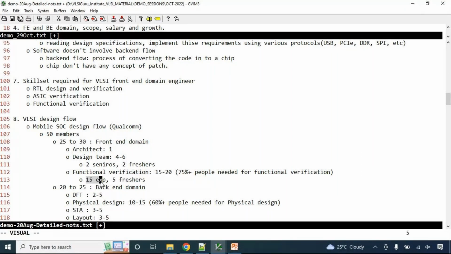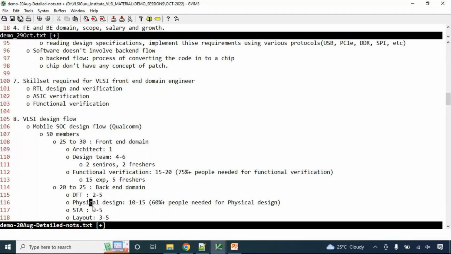Same thing can be done in physical design also, right? Now the composition can even be different. That is where you see a lot of hiring happening into functional verification and physical design. Sometimes companies do hire into DFT, companies do hire into layout. But a lot of hiring does happen into functional verification and physical design.